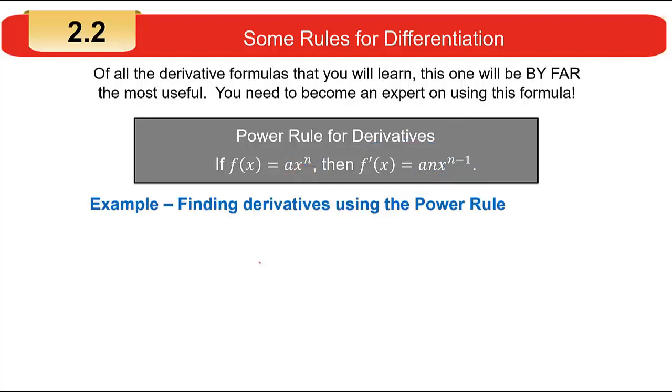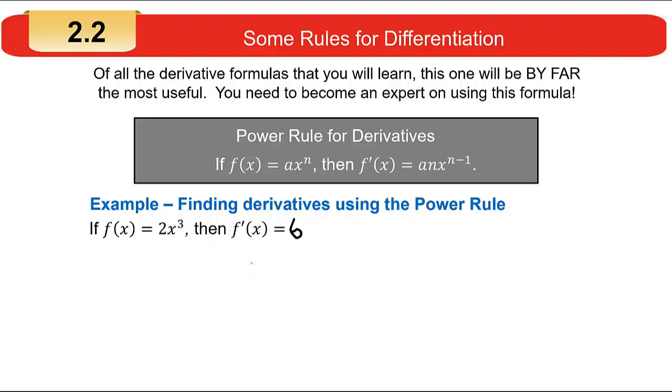Let's do an example or two. What if I give you the function f of x equals 2x to the third and ask you to find the derivative? If you try to use the definition, it would be a long algebraic calculation. With the formula, all you have to do is remember the process. You multiply the coefficient and the exponent together, and that becomes the coefficient of the derivative.